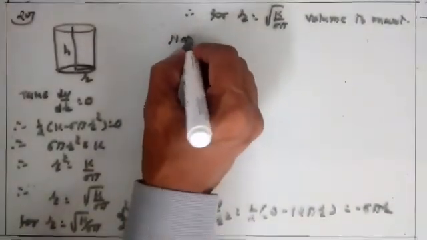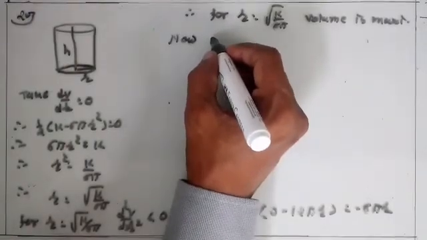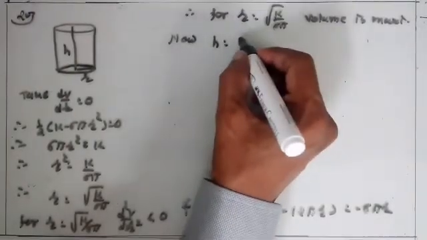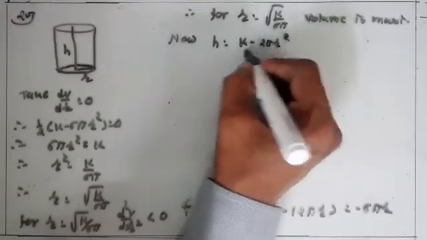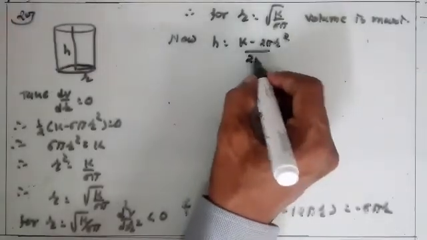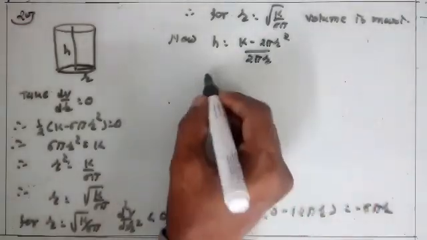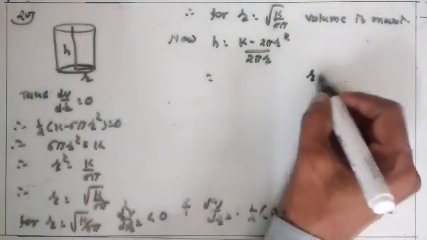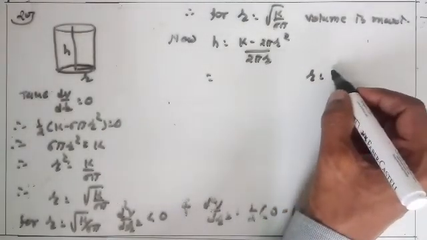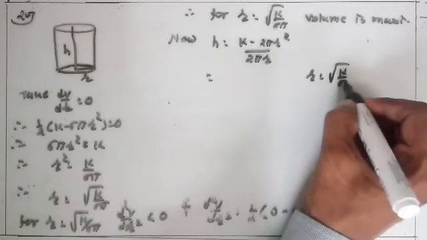Now we know that height h is equal to k minus 2 pi r square upon 2 pi r. Here r is equal to root k upon 6 pi.